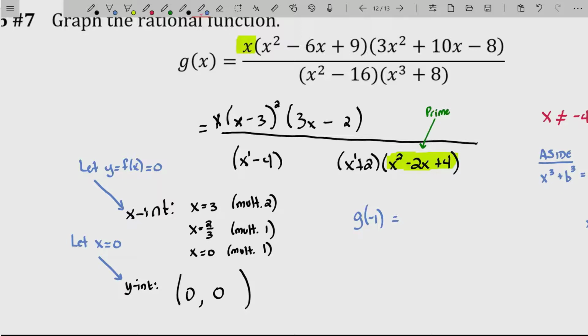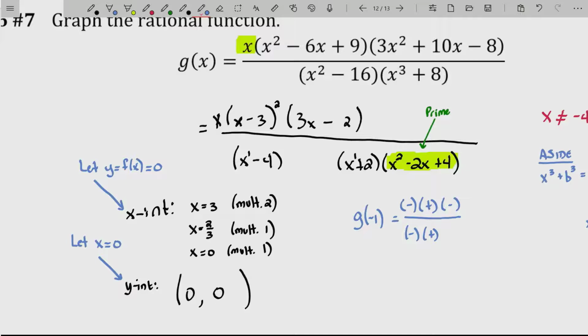So let's see, you plug that in, you'll get a negative 1 times some number squared, which will be positive, times negative 3 minus 2, which is a negative number. Notice I don't care about the numbers themselves. I just care about whether they're positive or negative. In the denominator, if you plug in negative 1, you'll have negative 1 minus 4, which is negative. You'll have negative 1 plus 2, which is positive.